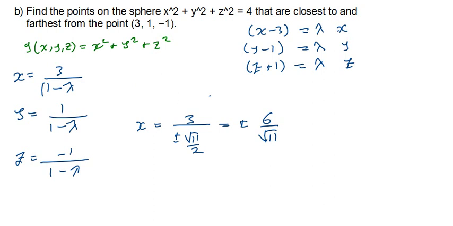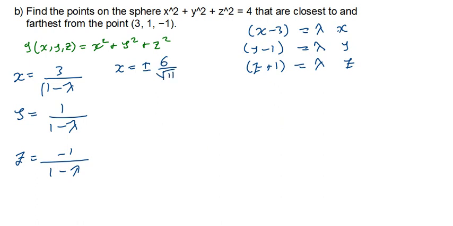Very important, we say our x is equal to positive or negative 6 over square root of 11. Let's try to determine what our y is. Our y will be equal to 1 over 1 minus lambda, and we found that 1 minus lambda is equal to positive or negative square root of 11 divided by 2.